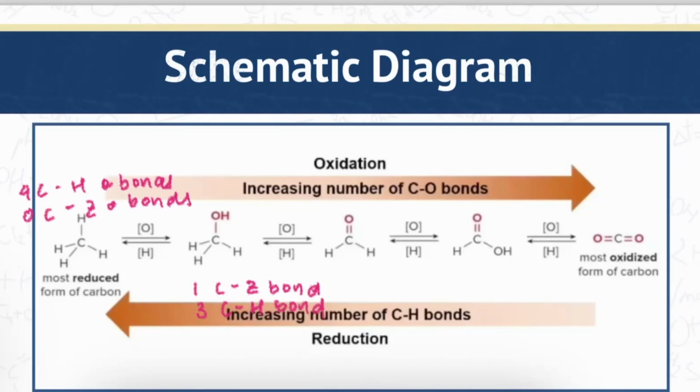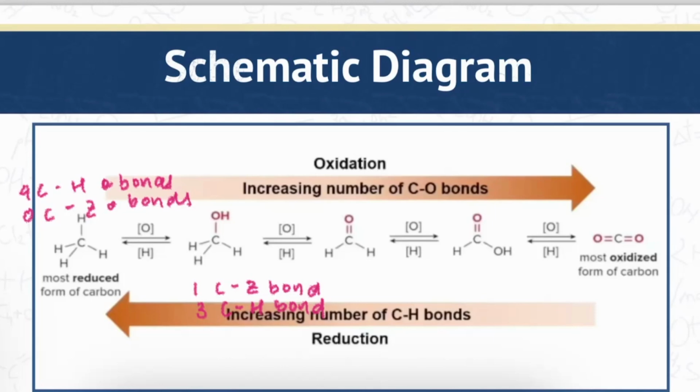So we reduce the carbon-hydrogen bonds from 4 to 3. So this confirms that methane has been oxidized into an alcohol. So if we continue this process and oxidize further to carbon dioxide, we see an increase in carbon-oxygen bonds, making CO2 the most oxidized form of carbon with no remaining carbon-hydrogen bonds.